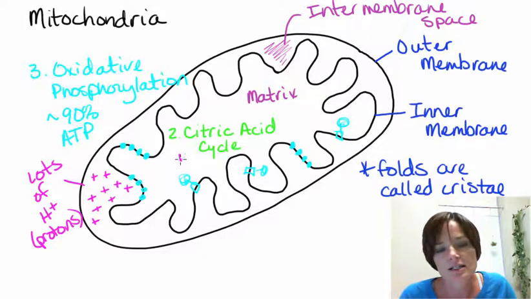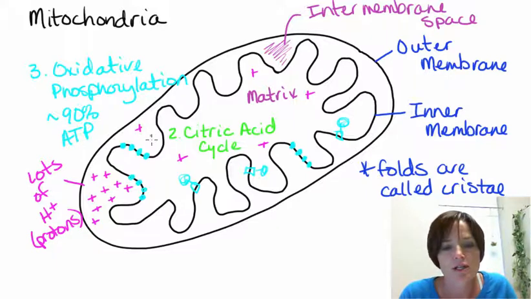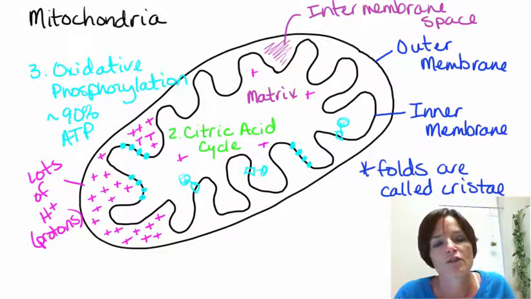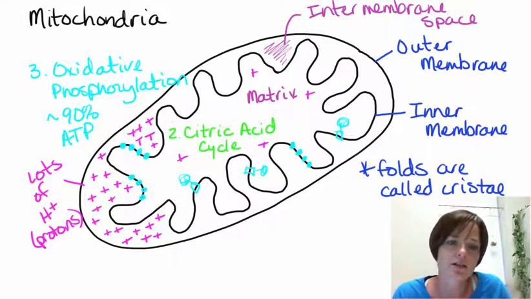And then on the inside in the matrix, there's just going to be a few of them. So the inside is going to have a very low proton or hydrogen concentration compared to what we have on the outside. I haven't labeled it over the whole entire place, but hopefully you can see that there's a very big difference in the hydrogens that we have in the two compartments.